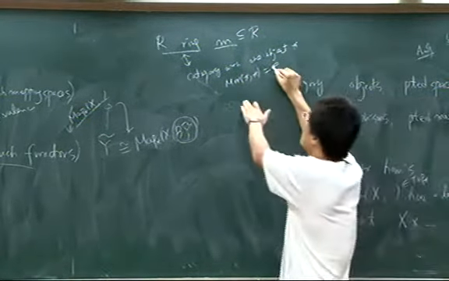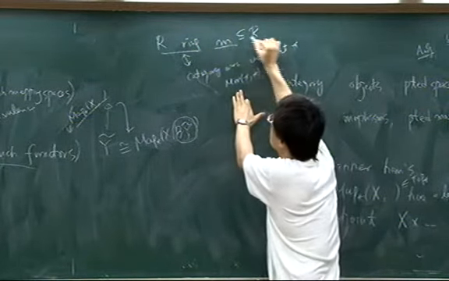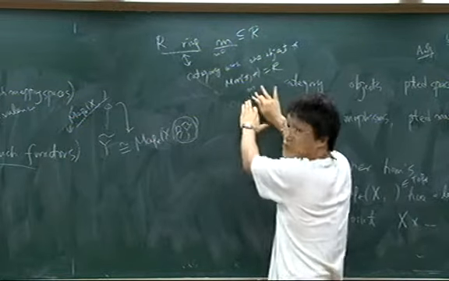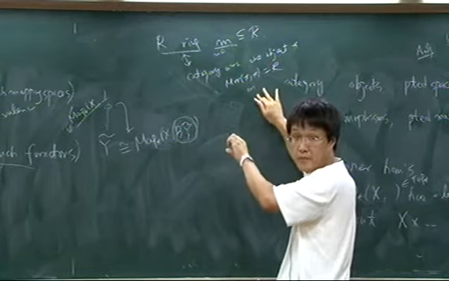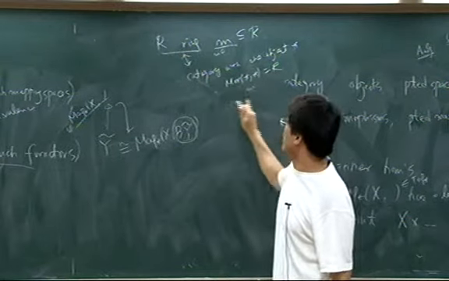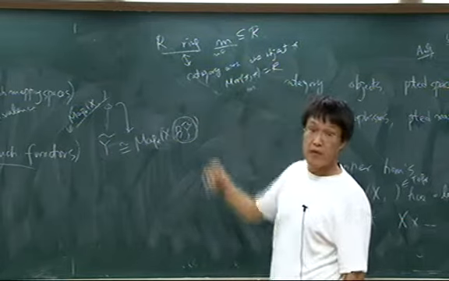And now localization means we originally had some elements in the ring, so M is in here, right? Those originally may not have an inverse. Now, localizing the ring means we are inverting those kinds of elements. We do the same thing for the category.